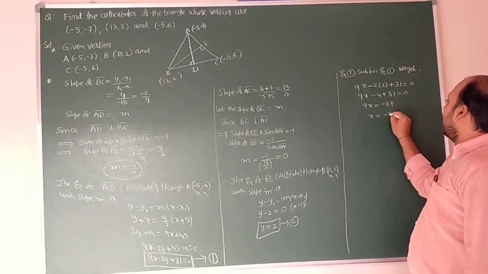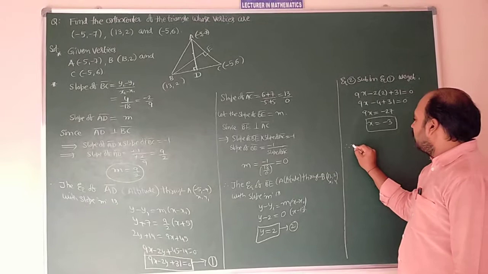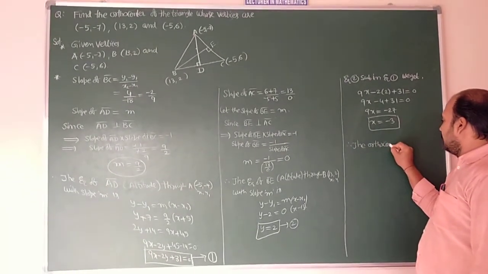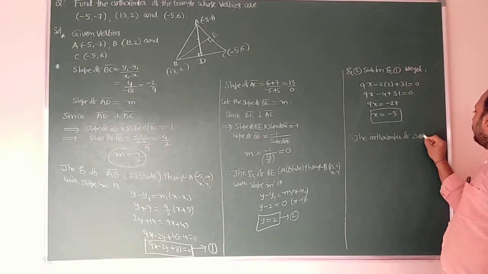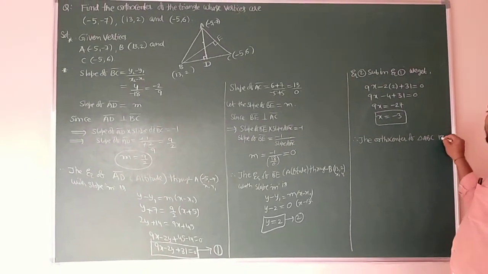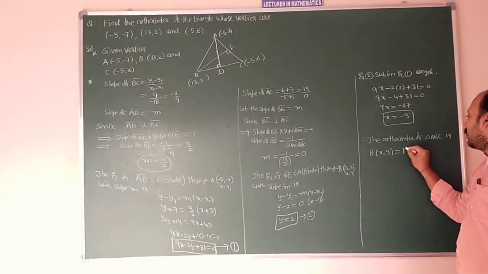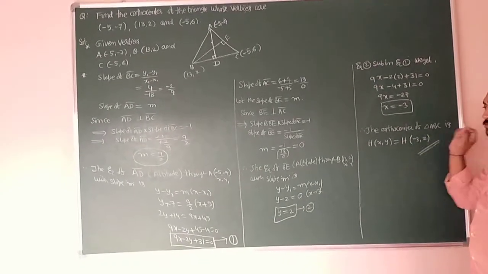X is equal to minus 3. Therefore, the orthocenter of triangle ABC is H of x comma y equal to H of minus 3 comma 2.